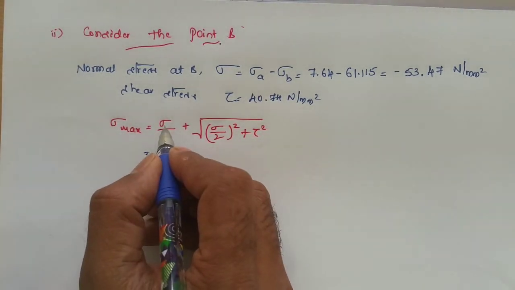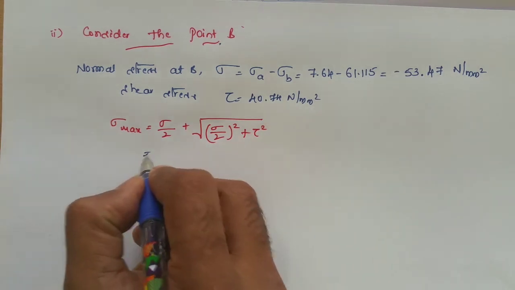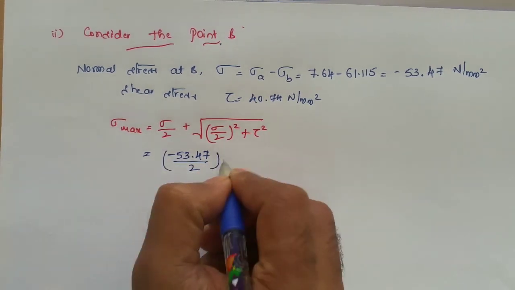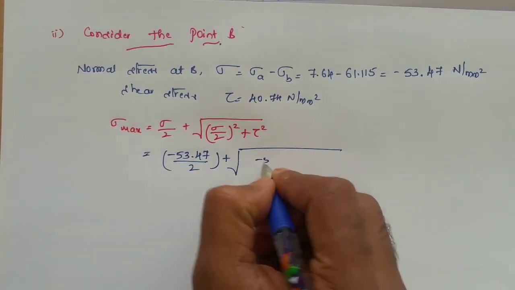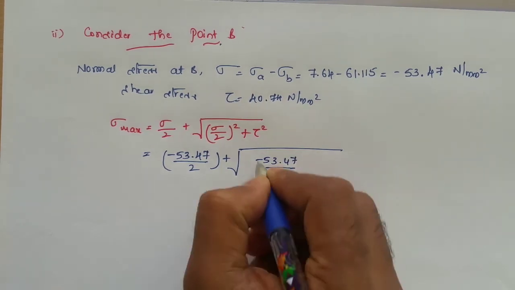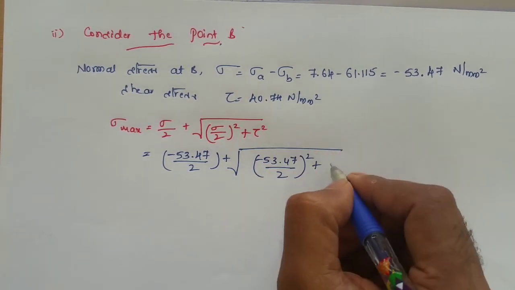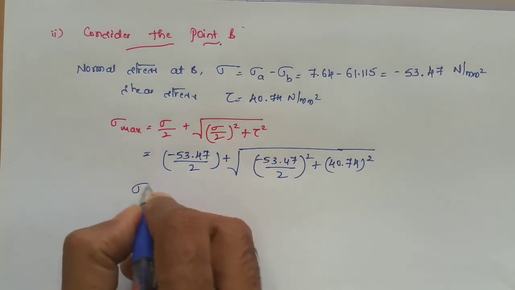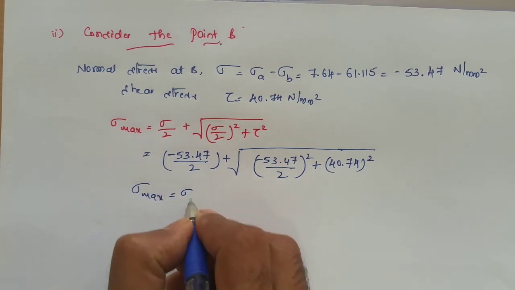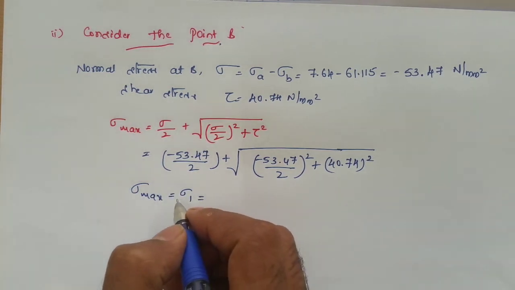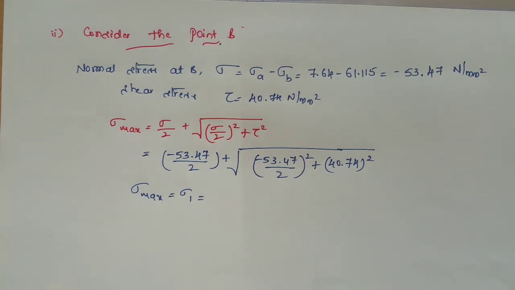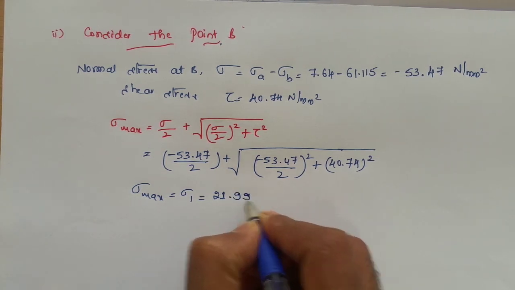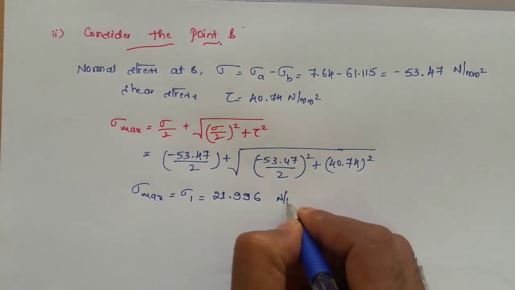Here sigma is the normal stress we calculated, minus 53.47, so minus 53.47 by 2 plus the square root of (minus 53.47 by 2) whole square plus (40.74) square. We simplify this so that we get sigma max, which is sigma 1, as 21.966 Newton per mm square.